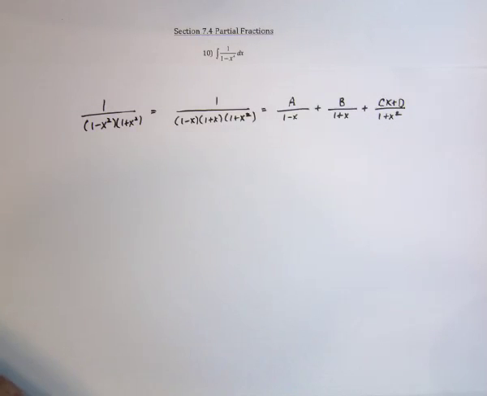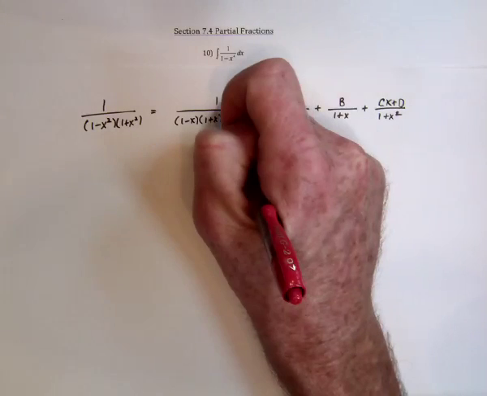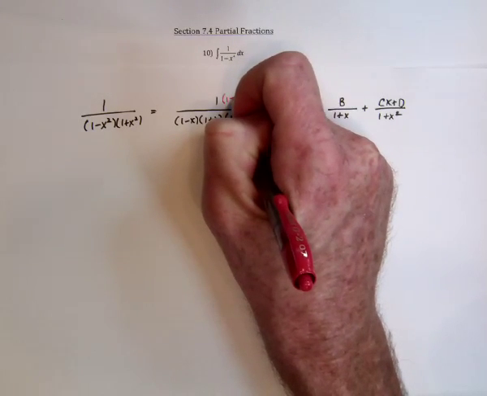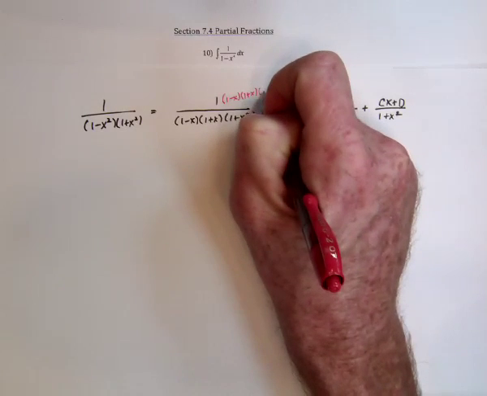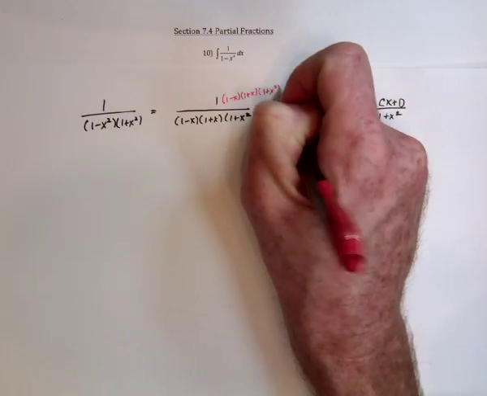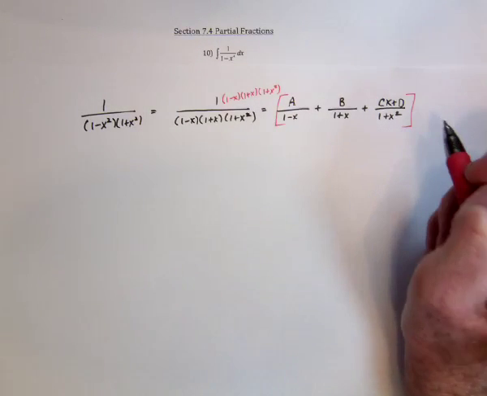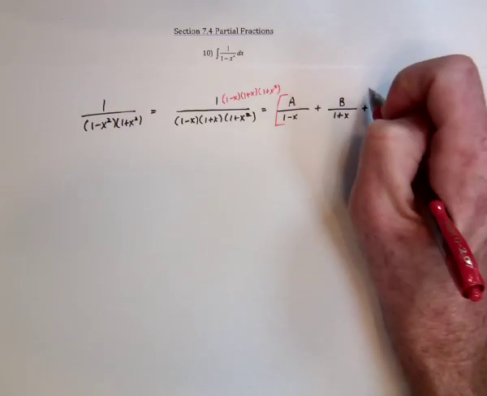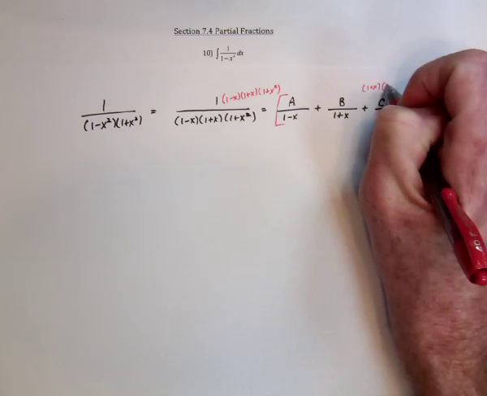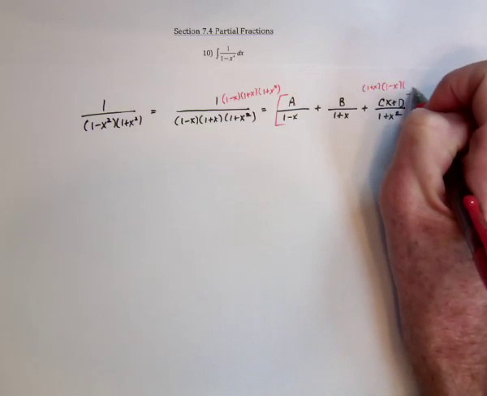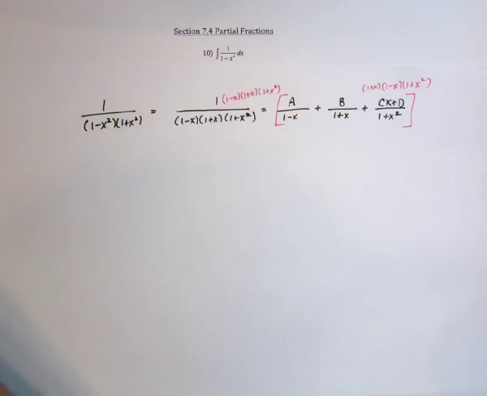Alright, now to clear out these fractions, multiply both sides by the least common denominator, 1 minus x times 1 plus x times 1 plus x squared. Don't need to multiply this side by it as well, so I'm just going to write it up here at the top. 1 plus x times 1 minus x times 1 plus x squared on the right hand side.